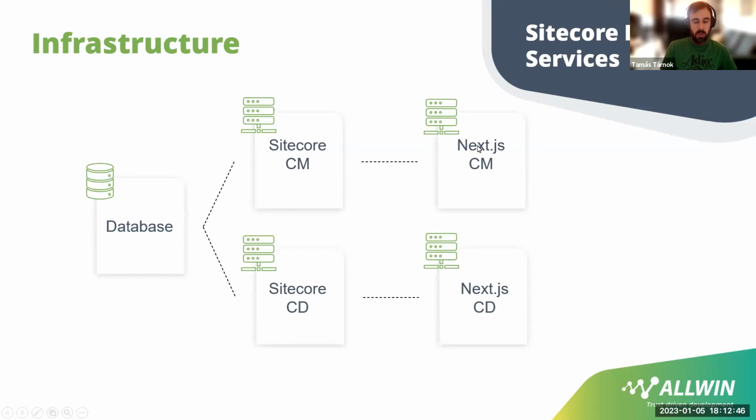So just a small infrastructure, just to have a look at the infrastructure, what's the difference between a Sitecore headless project and a traditional one. So basically, when we were working on the traditional Sitecore solutions, in a simple way, we had Sitecore content management.